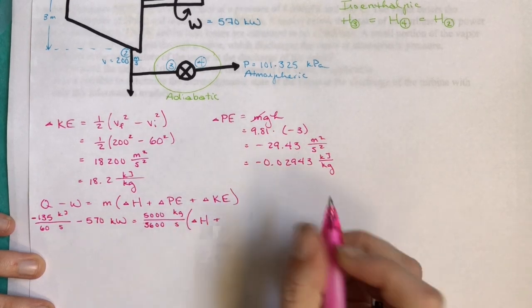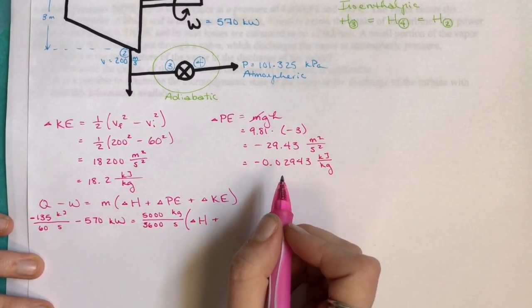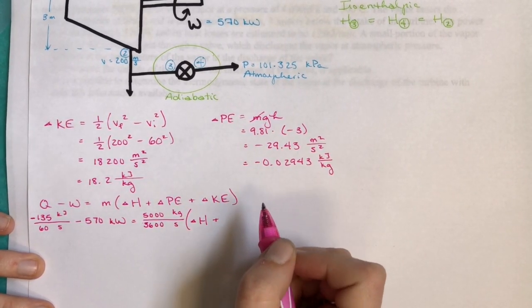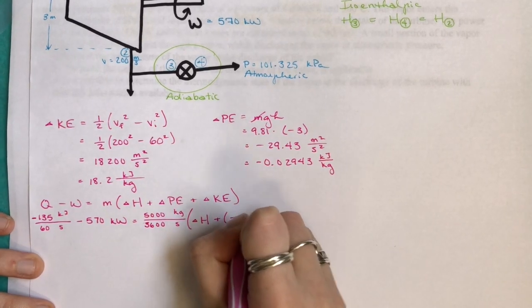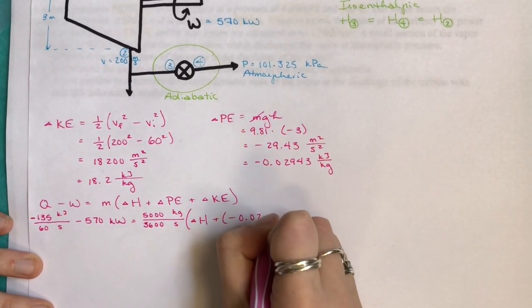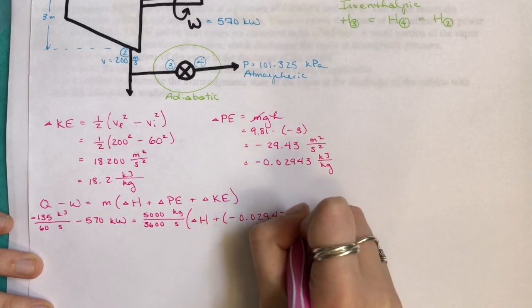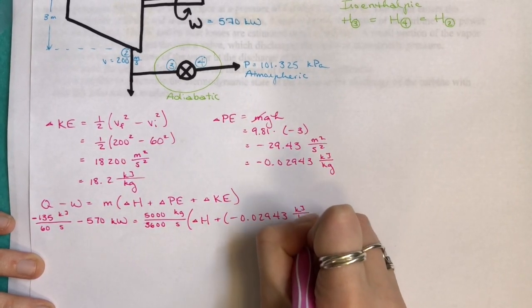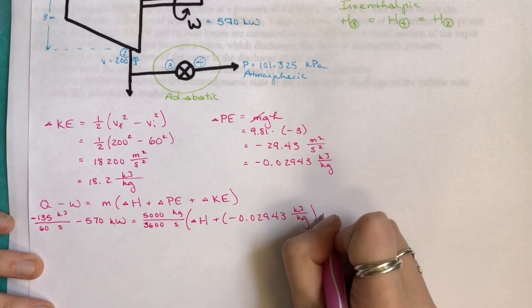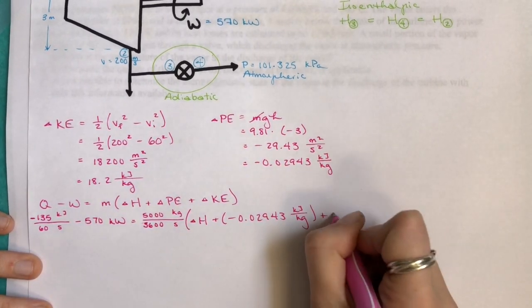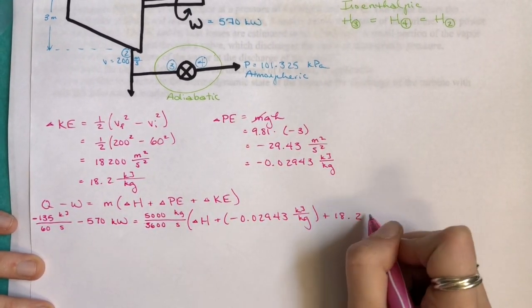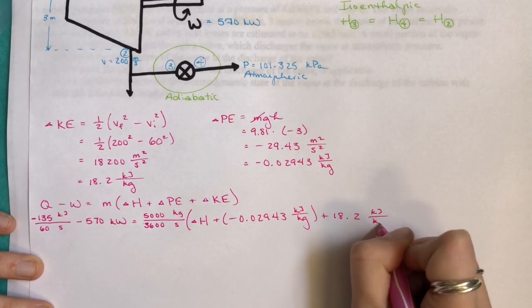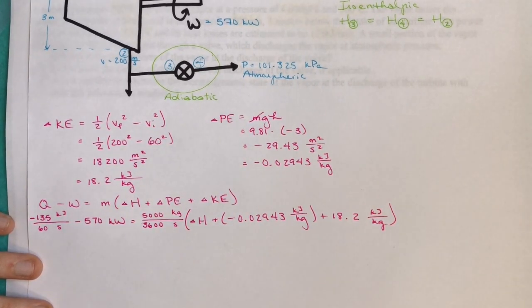Now we're going to add on our potential energy, which is this over here. That's going to be a minus 0.02943 kilojoules per kilogram, plus our kinetic energy, 18.2 kilojoules per kilogram. Okay, awesome.